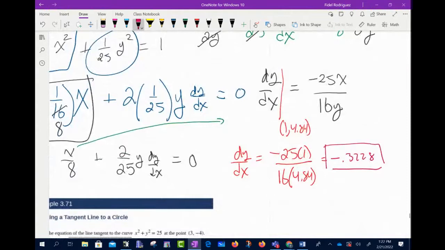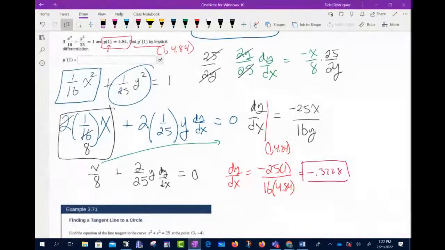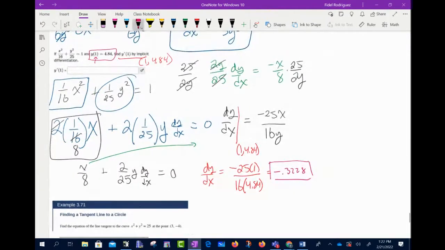So if you were to rewrite it, the notation they're using here, John. See how it says y prime at 1?